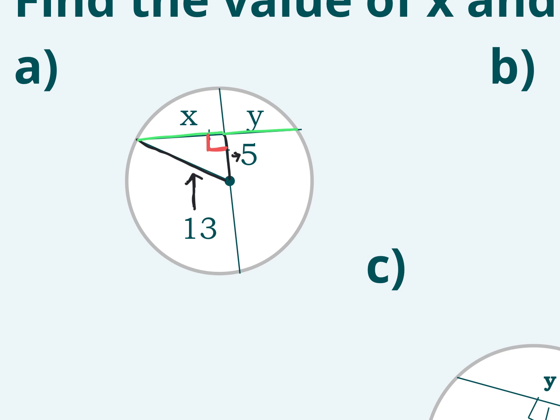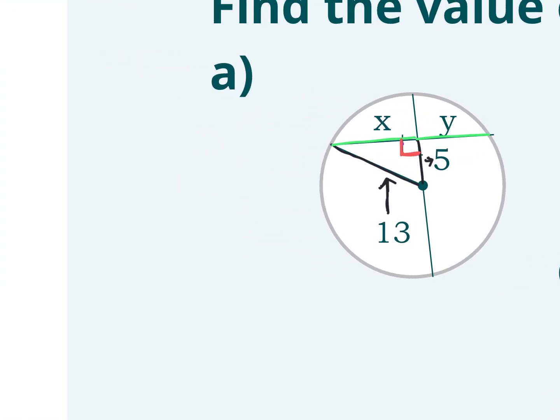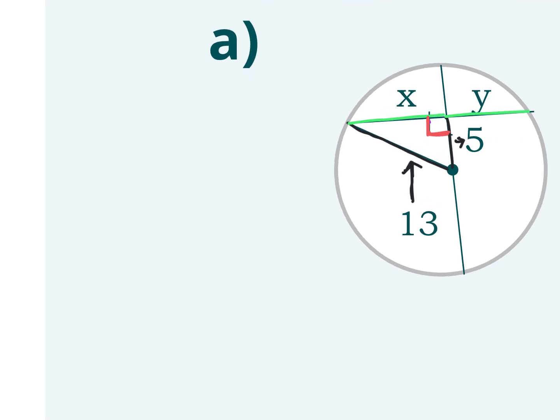So you're right. Okay, so looking at this, I'm going to go ahead and solve for X first. So solving for X, what am I going to use to solve for X? Go ahead. Good, I'm going to use my Pythagorean theorem. A squared plus B squared equals C squared.